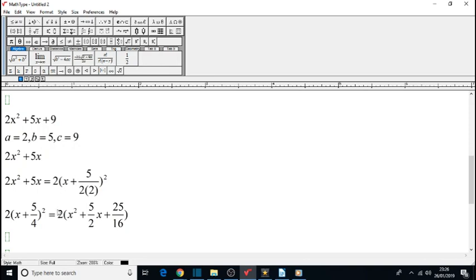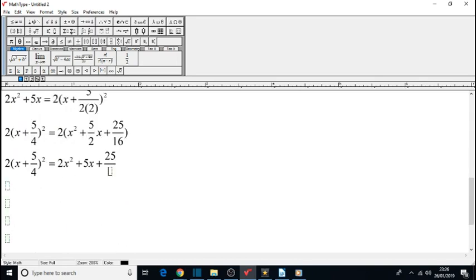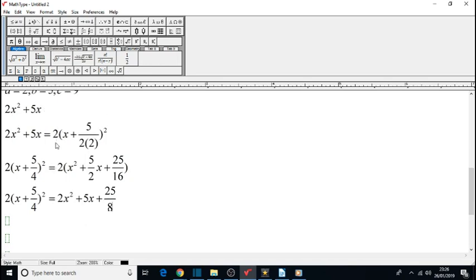So now you can multiply by the 2, since we've worked out what's inside the brackets. So that'd be 2x squared plus, so 2 multiplied by 5 over 2 x is 5x, and 2 multiplied by 25 over 16 will be positive 25 over 8. So we're trying to get this to match the coefficients of this.